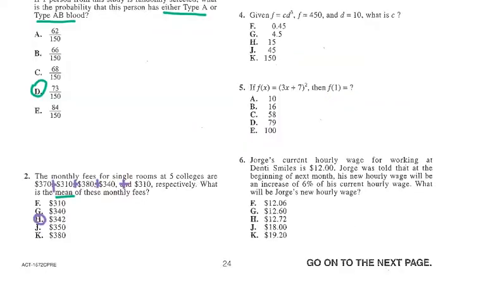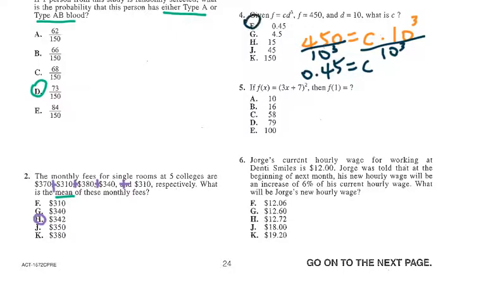For number 4, basically it's a plug-in game. So I have 450 equals c times 10 to the third power. Therefore, you put it into the calculator, dividing by 10 to the third power on both sides. That will be 0.45. So the answer is F.